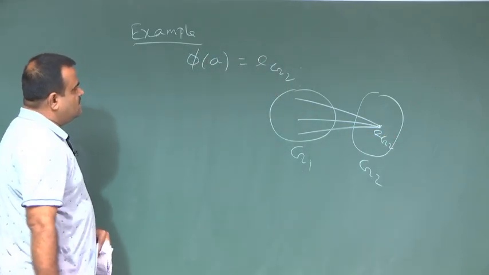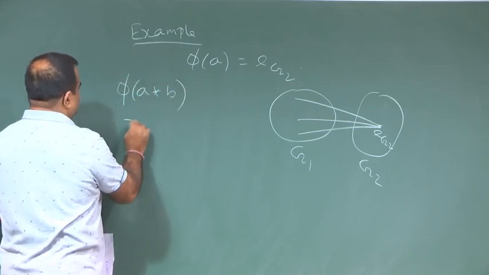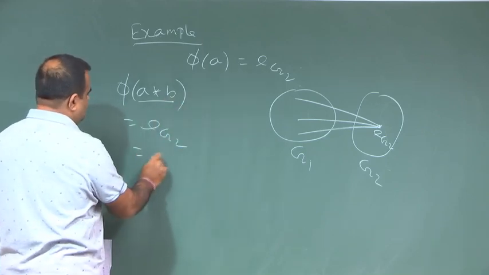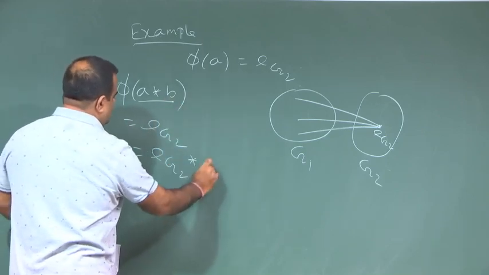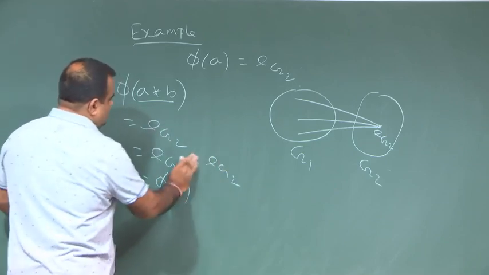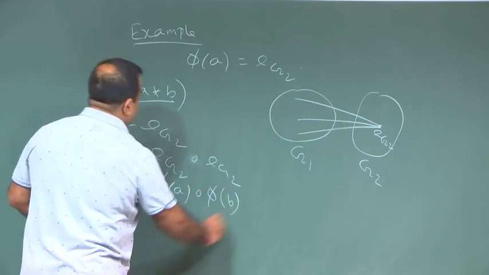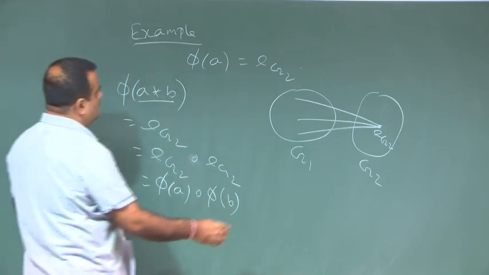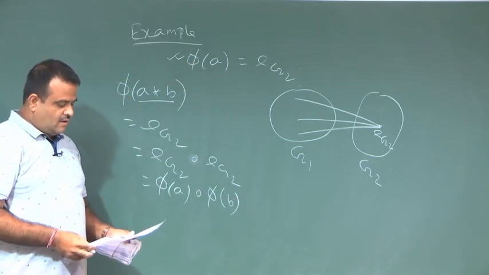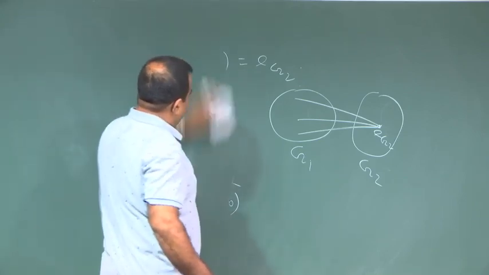For this we can easily verify the property. We take phi of A star B, which is E of G2, because A star B is an element. So, this is nothing but E of G2 operated with E of G2, which is phi of A operated with phi of B. So, this mapping is a homomorphic mapping. This is a trivial example of a homomorphic mapping.